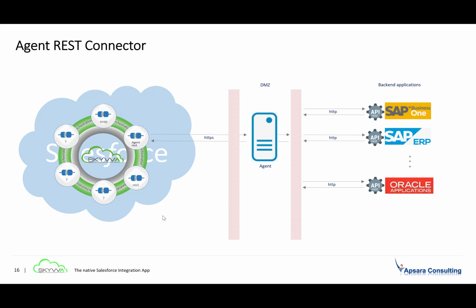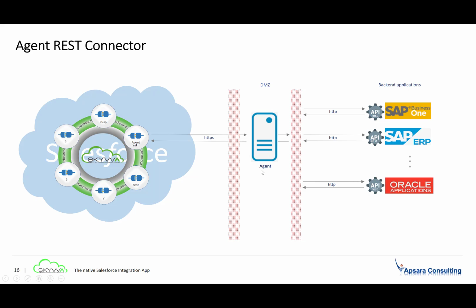If the API, the web service, is publicly available through the internet, then you don't need to use the agent. Then you can use directly the SOAP connector and the REST connector that is sitting on the Salesforce platform.